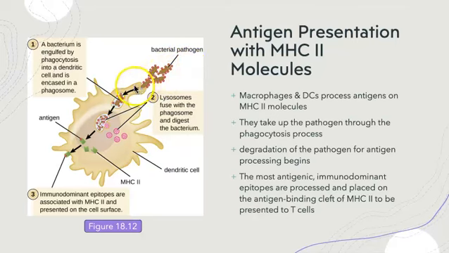So they take up the pathogen through the process of phagocytosis, and then they're going to start to degrade the pathogen for antigen processing. And through that processing system, they're going to look for the most antigenic immunodominant epitopes, and they will place that on their antigen binding cleft on that MHC2 molecule so that they can present it to the T cell.